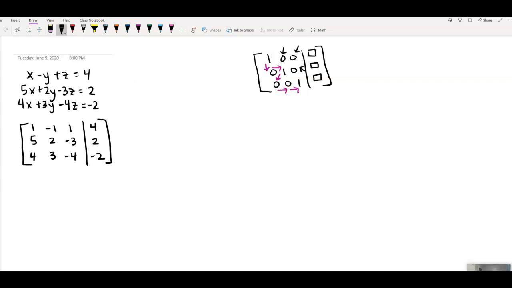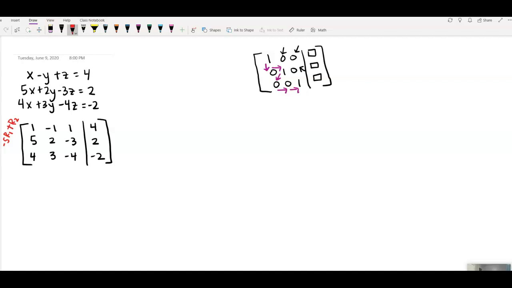And the way I'm going to write this down is I'm going to take negative 5, let's see, put this in red over here. So I'm going to say negative 5 times row 1 added to row 2. And whichever one I'm adding to is the one that's changing, right?